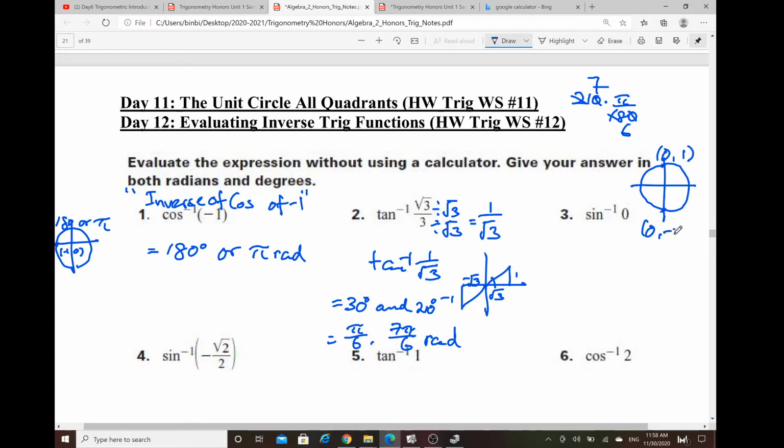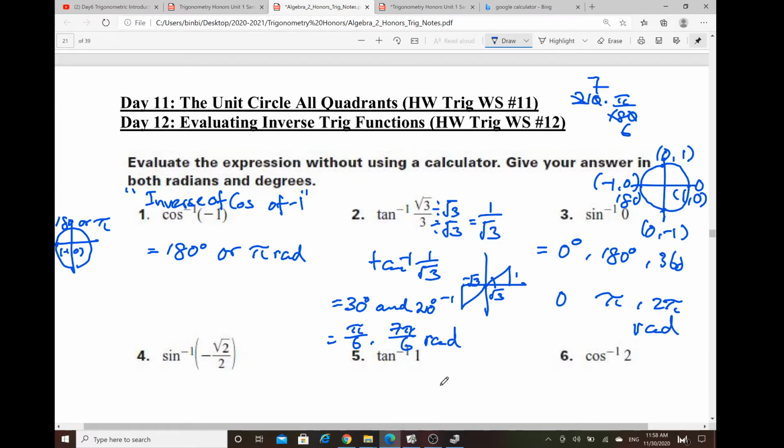This one's 0, -1. For y equals 0, then that'd be over here, either 180 degrees or 0 degrees. Or we can say, going around the unit circle, that'd be 360. So 0 radians, pi, and 2 pi radians.